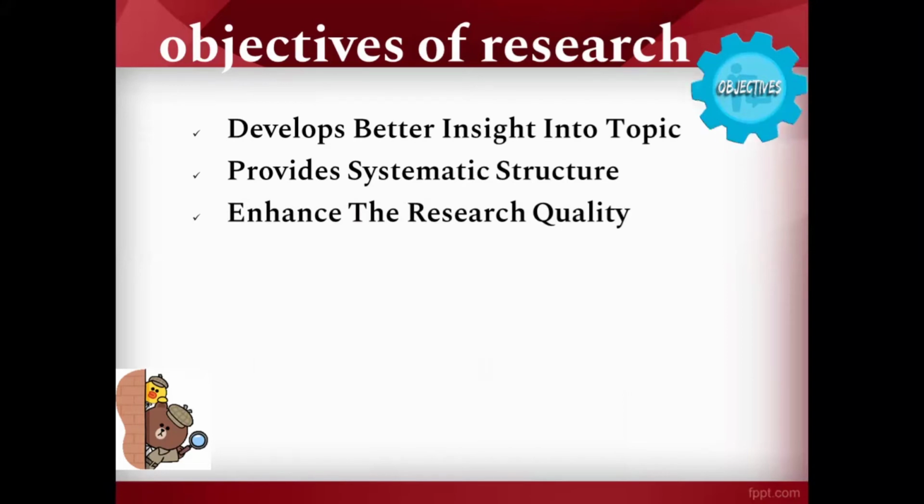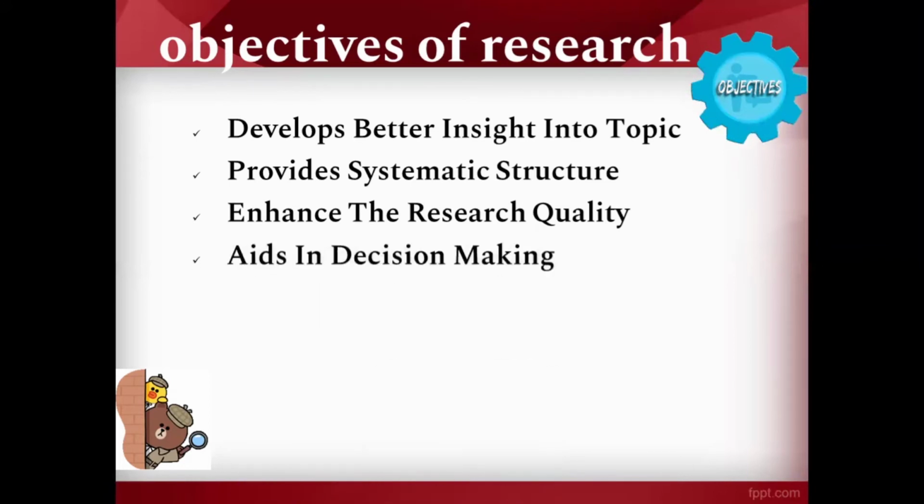So it determines the reliability and the validity of the whole research work, so that the research methodology tells you the accurate sources from where data should be taken for the study purpose, and which thereby improves the quality of the research done. तो मतलब यहाँ पे हमें ये पता होना जरूरी है कि हमें हमारा जो भी रिसर्च टॉपिक है उसका डेटा हमें कहाँ से कलेक्ट करना है, and where the data should be taken for the study purpose, and that is going to improve the quality of the research that has to be done. तो उसे हम लोग बोलते हैं यहाँ पे स्टूडेंट मेजर ऑब्जेक्टिव ऑफ द enhance the research quality.